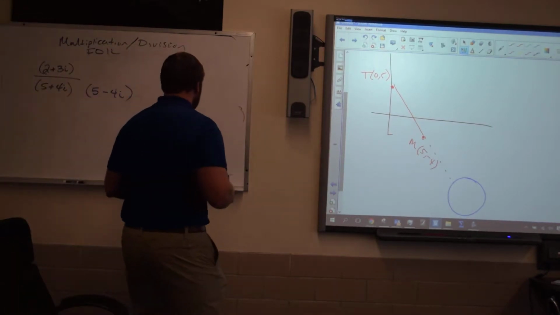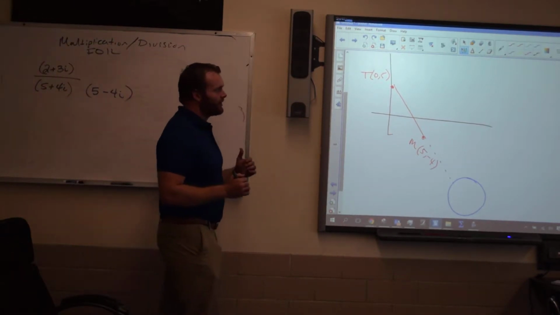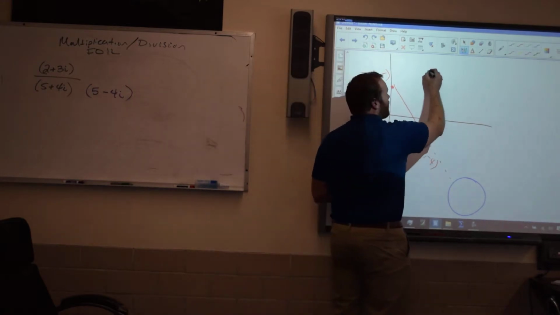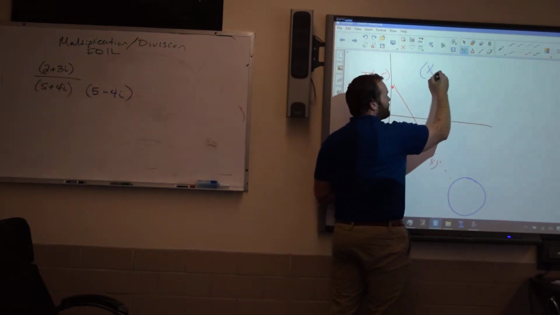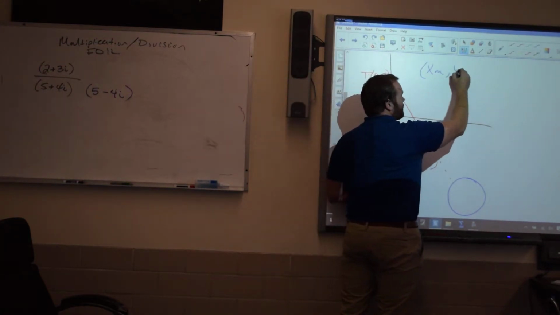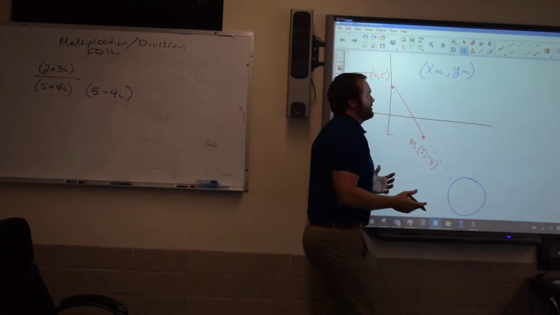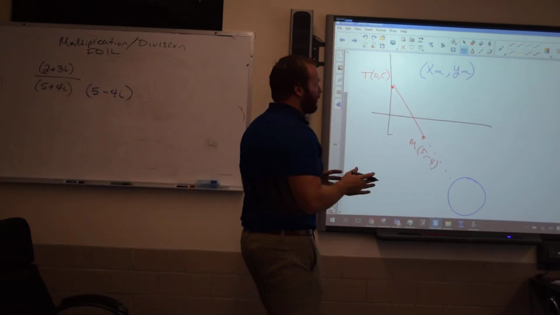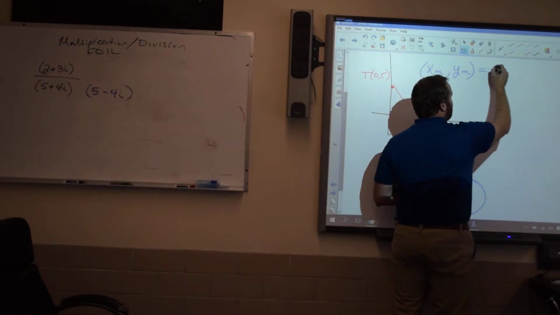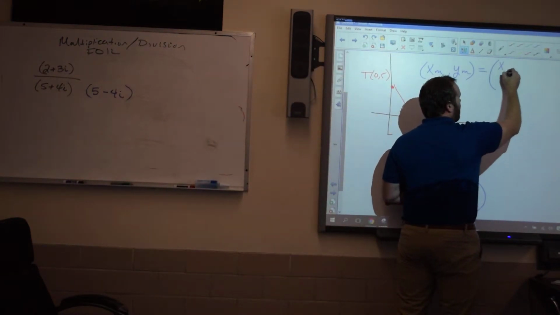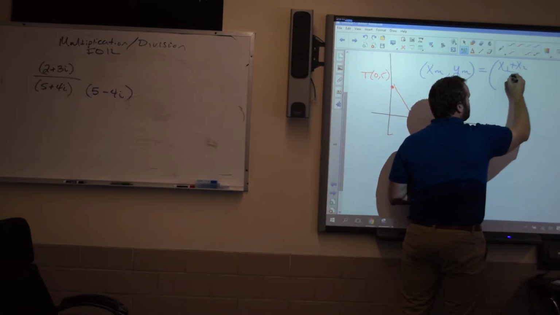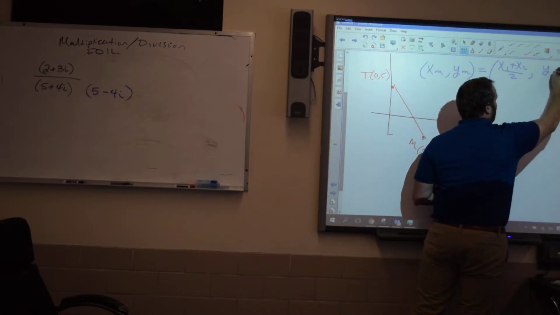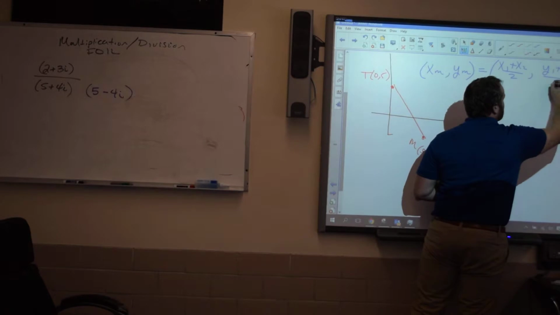But what you're going to do is take the formula we talked about yesterday, where (x sub M, y sub M), the x and y values of your midpoint, are equal to (x1 plus x2 over 2, y1 plus y2 over 2).